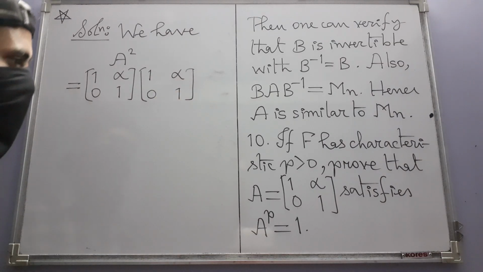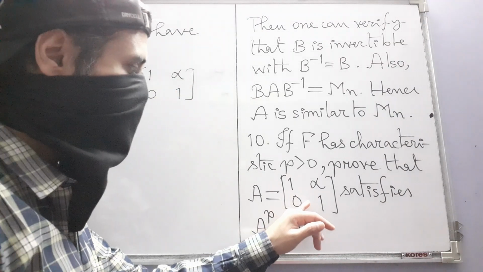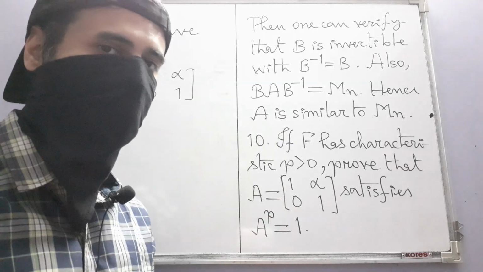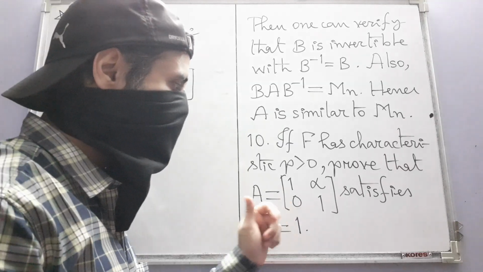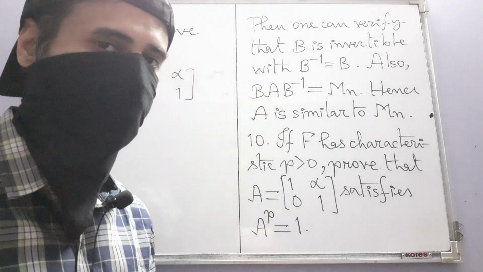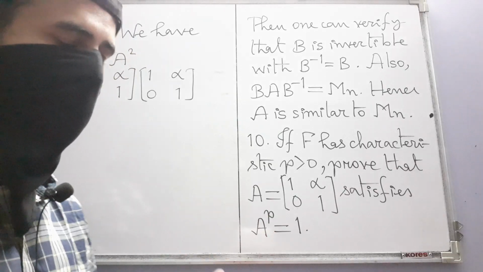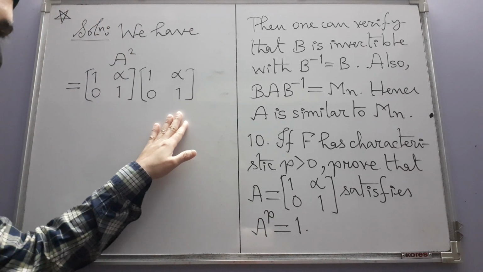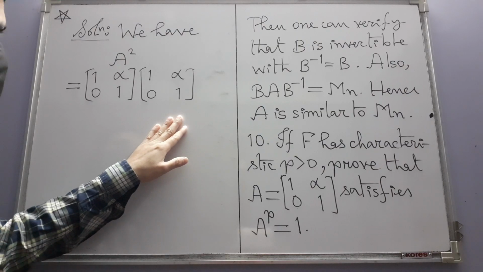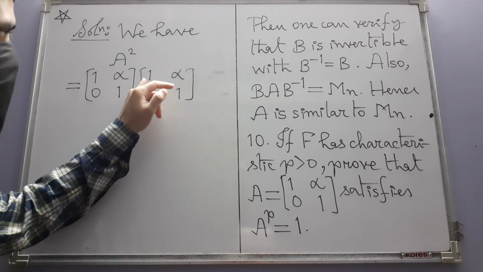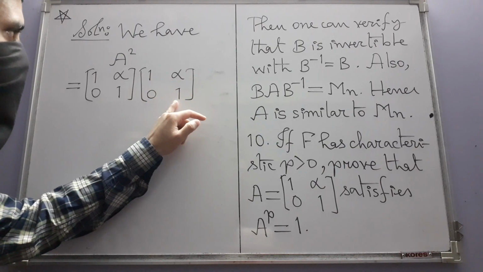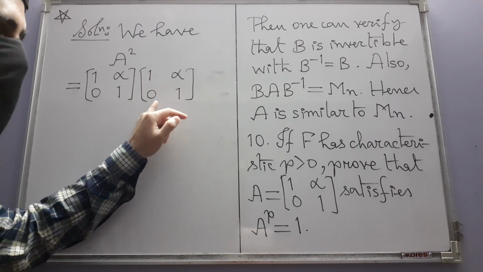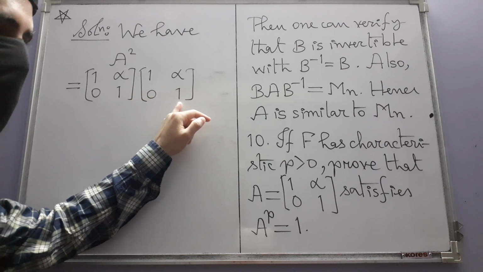Actually, if you remember, we have already come across matrices of this type in one of the exercises in group theory. You may remember this because the product that you are going to see here will in fact not change the first row first column, second row first column, and second row second column entries.